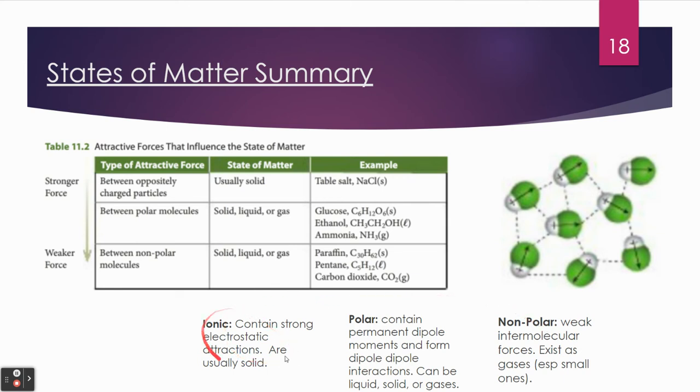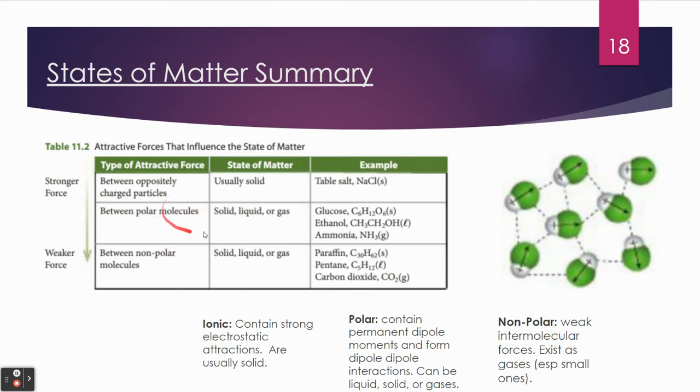When you have ionic compounds, because they have such strong ionic attractions between them, electrostatic forces, usually the ionic compounds will be solid at room temperature. Whereas if you have, let's say, non-polar molecules that have very weak intermolecular forces, they can exist as solid and liquid, but you can also find them existing as gases more frequently, especially when they're small, just because the forces are so weak between them and can't hold the particles together.